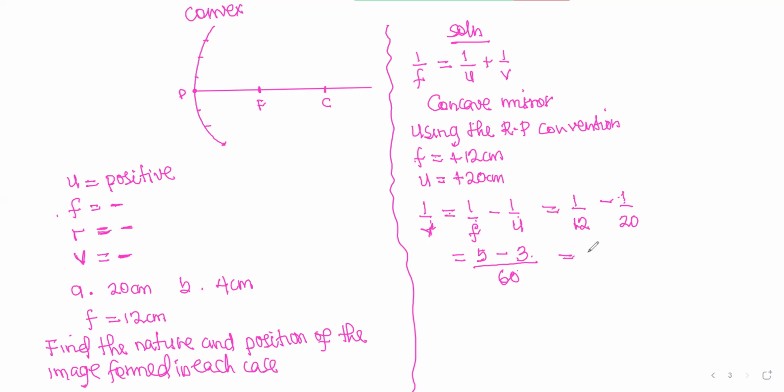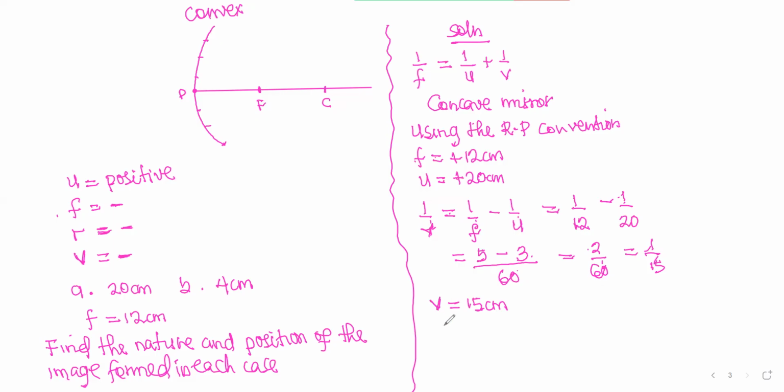So we have 2 on 60, which is the same as 1 on 15. Therefore, V is equal to 15 centimeter. Now, note something. When we calculated, we are getting V to be positive.